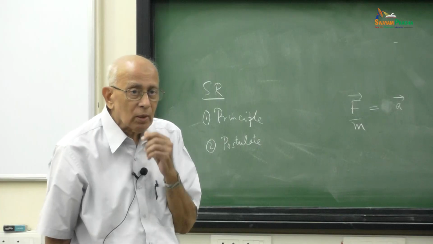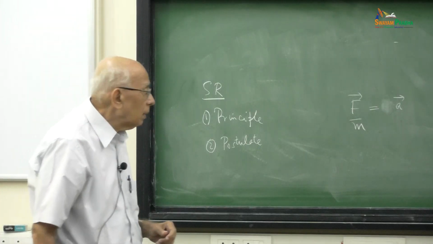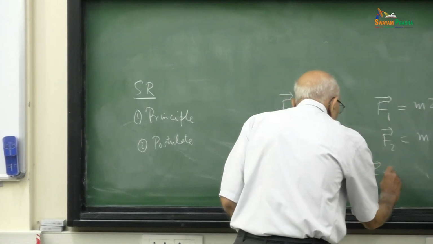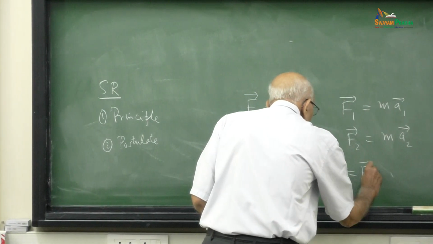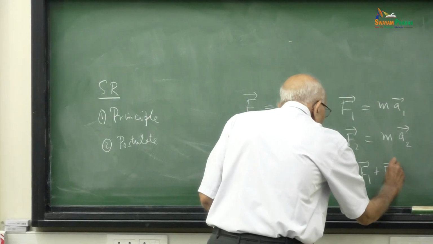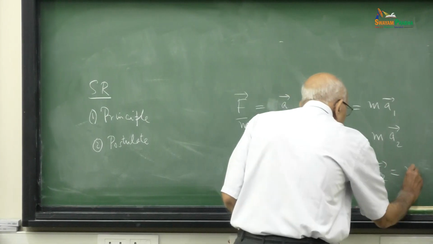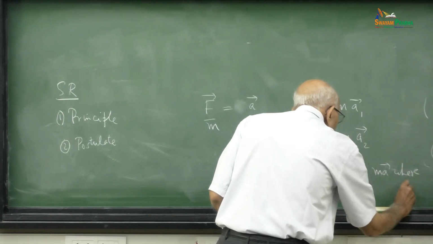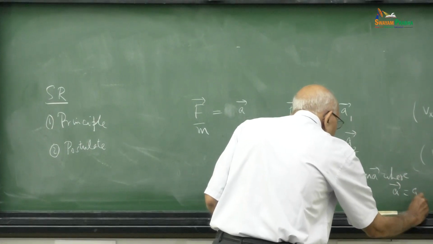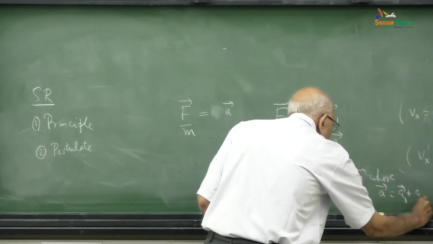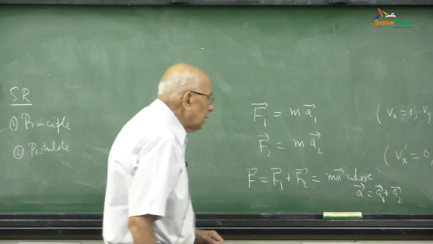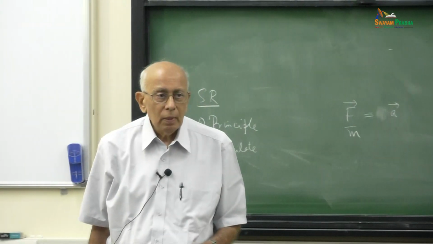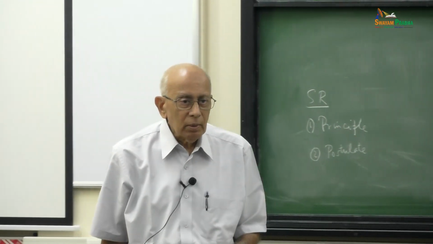You are guaranteed that if I apply a force F equal to F1 plus F2, this will produce an acceleration A, where A is guaranteed to be A1 plus A2. How is that magic possible? It's almost magical.